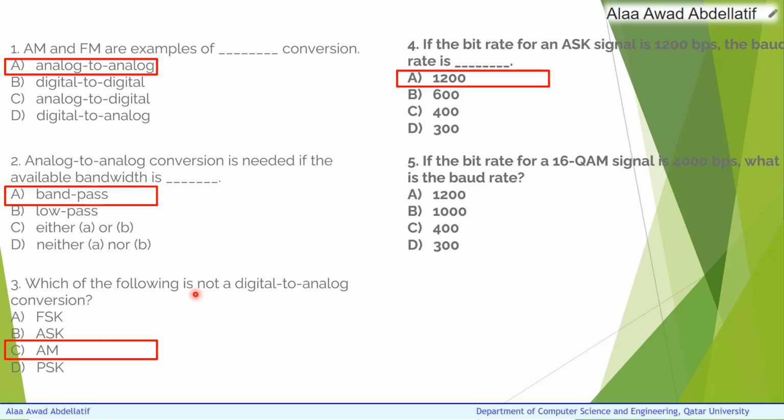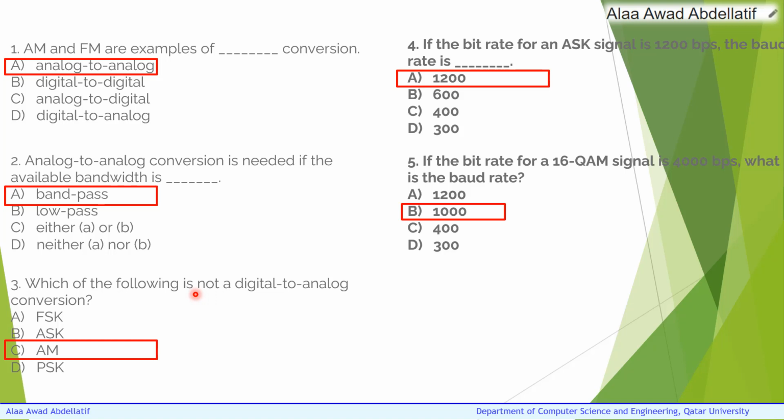The baud rate will be the bit rate divided by 4, meaning each 4 bits are sent in one symbol, in one baud. So if I send 4000 bits, I will send only 1000 baud, because each 4 bits are represented by 1. Okay. This type of question is also easy. What you need to find is only R, and substitute directly in the formula. You should define R for the different types of modulations.